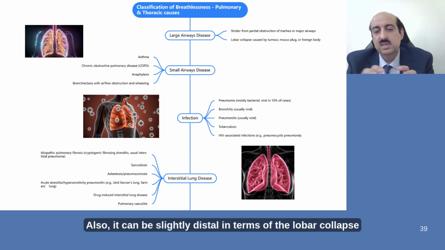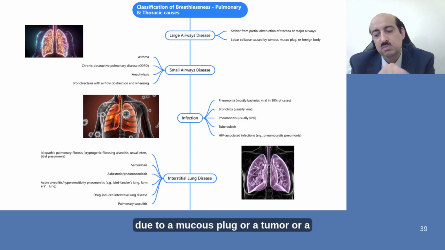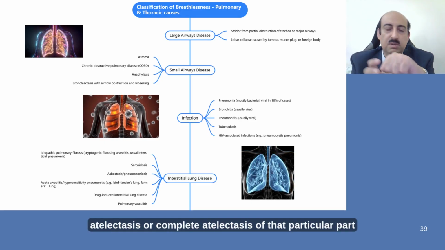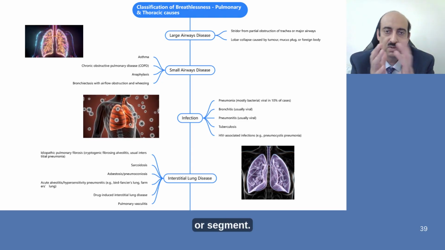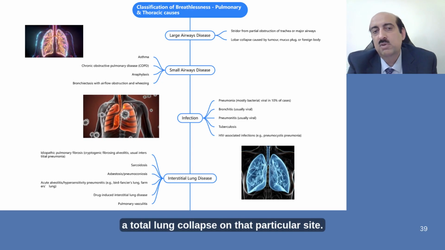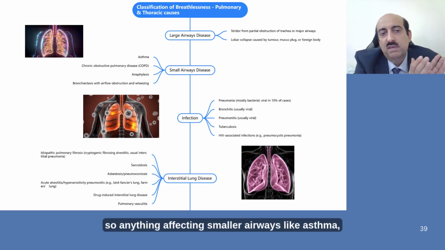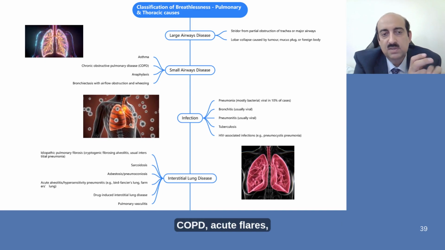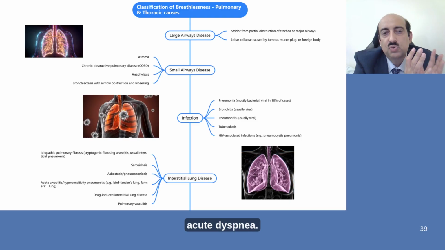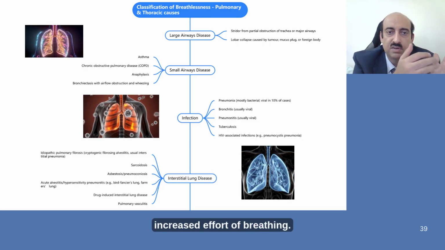Also, it can be slightly distal in terms of the lobar collapse due to a mucus plug or a tumor or a foreign body, and hence it can lead to partial atelectasis or complete atelectasis of that particular segment, or segmental or subsegmental, or even a total lung collapse on that particular side. Coming on to the smaller airways, so anything affecting smaller airways like asthma, COPD, acute flares, anaphylaxis, can lead to acute dyspnea, and we discussed previously the increased effort of breathing.